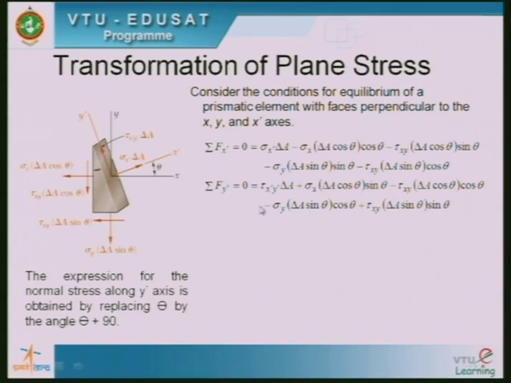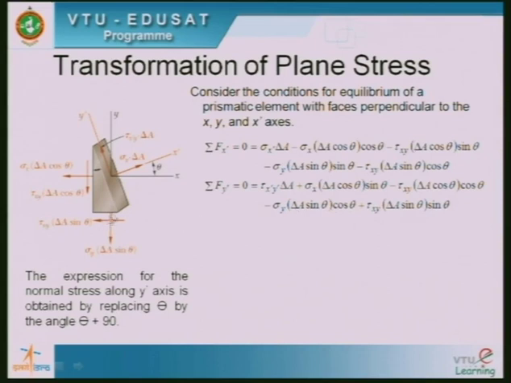Now similarly, the forces acting on this face. This force, when I resolve it along this plane, I would get the sense to be opposite to this, so that's why it is negative. Then the force is sigma y delta a sin theta, and when I resolve it, this is theta, so I get cos theta.